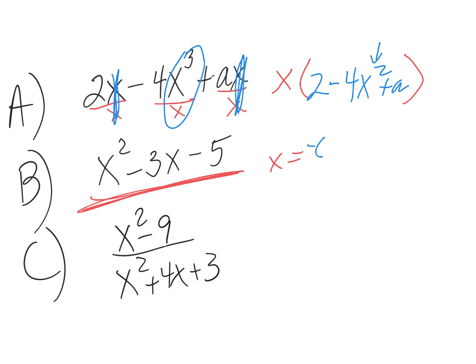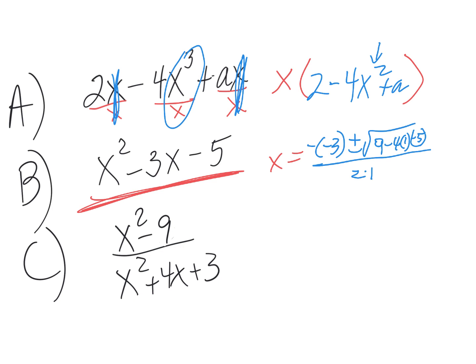It'd be negative of negative 3 plus or minus square root of b squared, which is 3 squared, but that's 9, minus 4ac, 4 times 1 times negative 5, all over 2a. And this is the reason I wanted to go back to this, because I knew it was going to be hard for you to solve the letter b, but we just did it. That's what that quadratic formula is for.